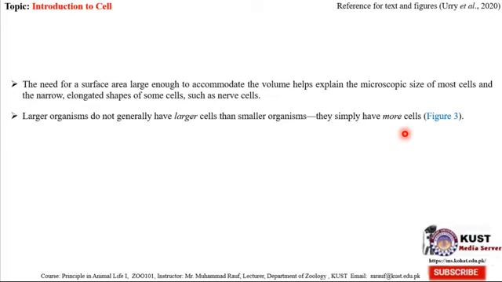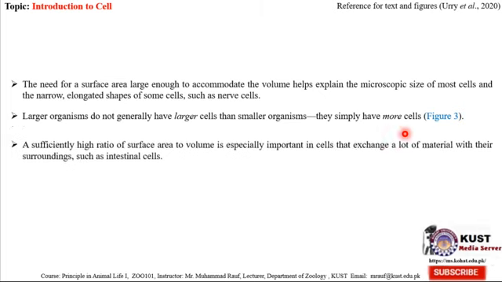And remember from the previous slide that the smaller cells have more surface area to volume ratio as compared to the larger cells. So it is more beneficial for an organism to have smaller cells as compared to larger cells.